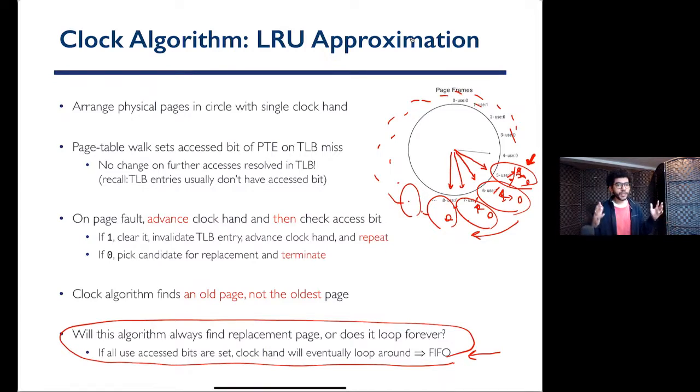Now, if we give everybody 5 chances, then those who haven't been accessed for 6 rounds, 5 rounds, 4 rounds, 3, 2, 1, and 0. So now I can have a better understanding of who is the one who hasn't been used for the longest in the past.